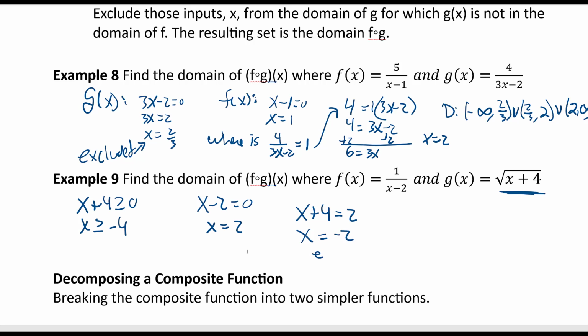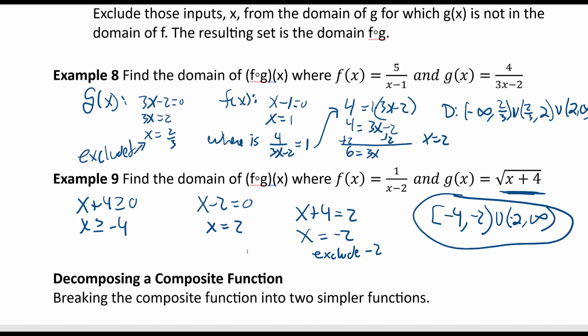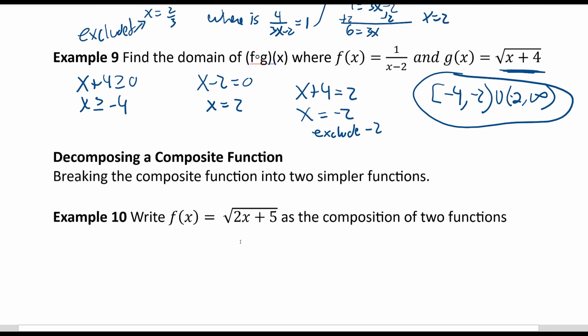So we have to exclude negative 2. So it's going to be bracket negative 4 to negative 2, parenthesis, union negative 2 to infinity. And there's our domain.